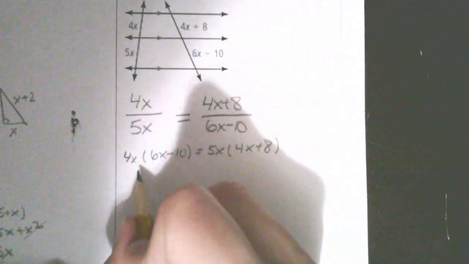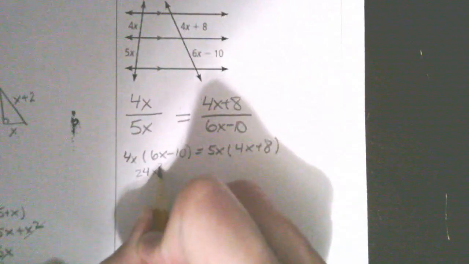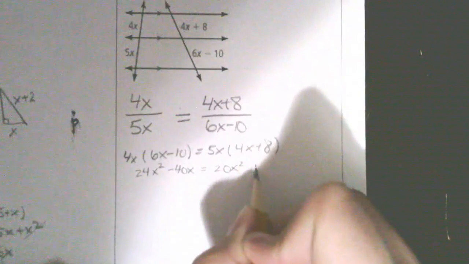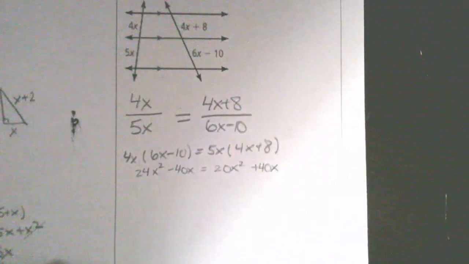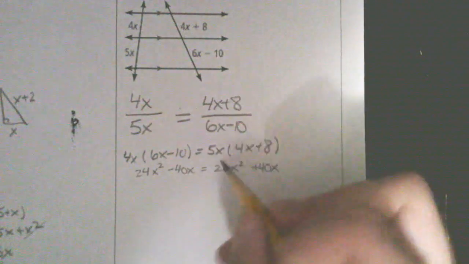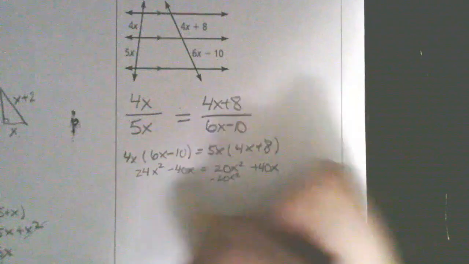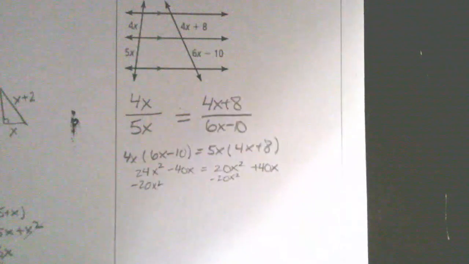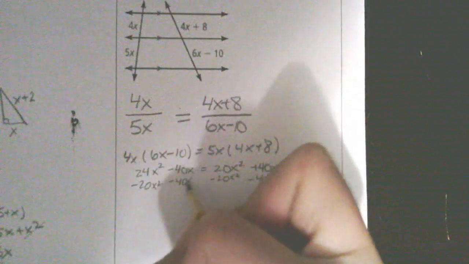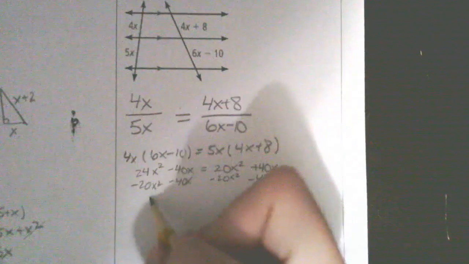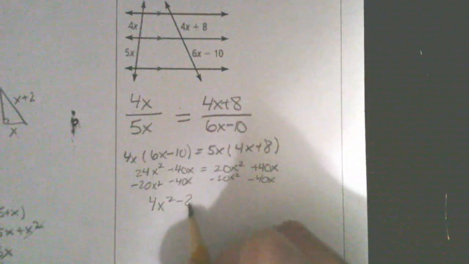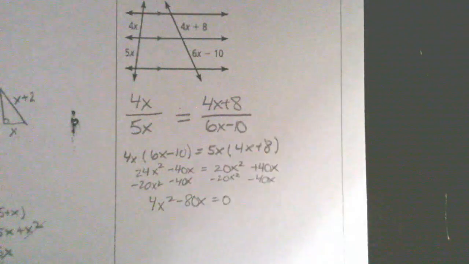Then we need to distribute, so 24x squared minus 40x equals 20x squared plus 40x. We want to get everything over to one side, so I'm going to choose this side. So subtract 20x squared, and then also I'm going to subtract 40x. When I do that, 24 minus 20 is 4x squared. Negative 40 minus 40 is actually going to be negative 80, so make sure you don't accidentally cancel those.